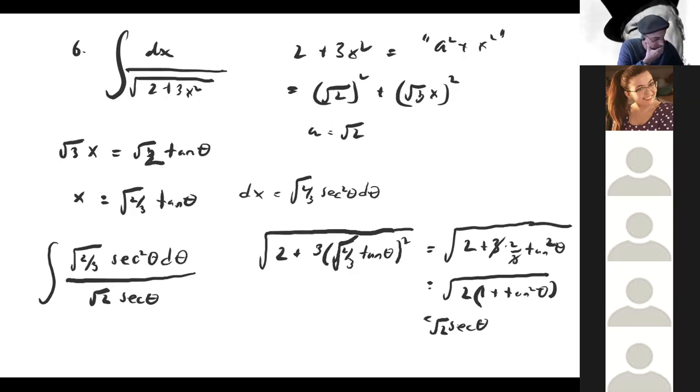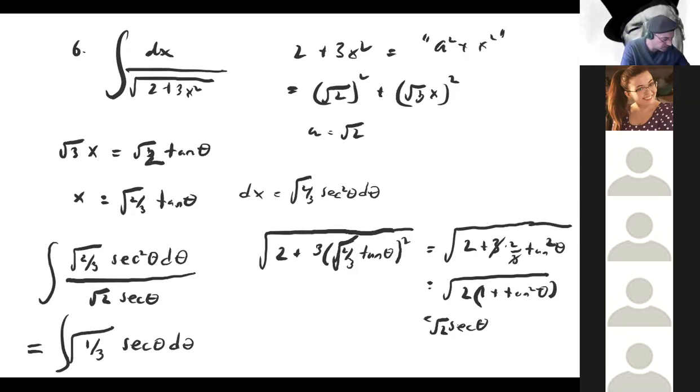All right, so excellent. Okay, so now the square root of 2/3 divided by the square root of 2 should be the square root of 1/3, I guess, correct? And so I'm combining the constants, simplifying, and then you're left with the integral of secant theta d theta.